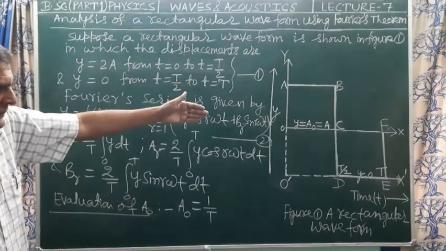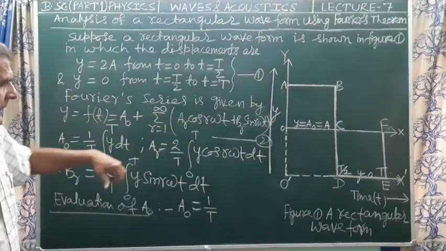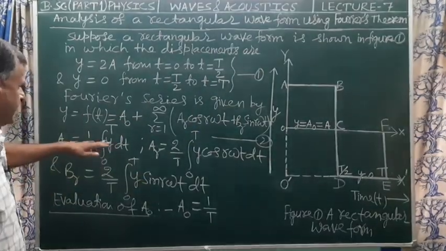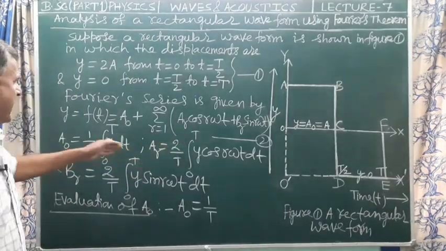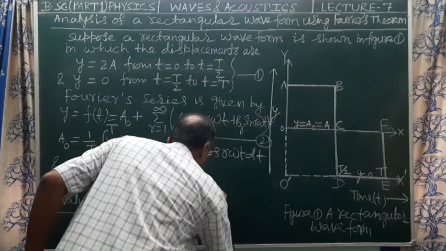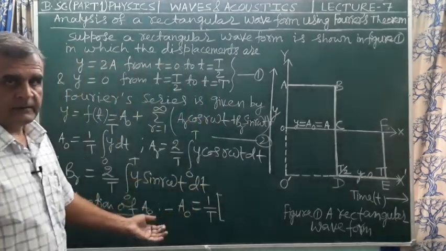For this given rectangular waveform, this integration can be divided into two parts, that is from 0 to T by 2 y dt and from T by 2 to capital T y dt. So 1 by T can be taken out of the bracket.